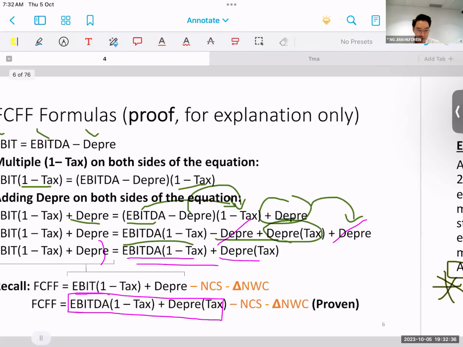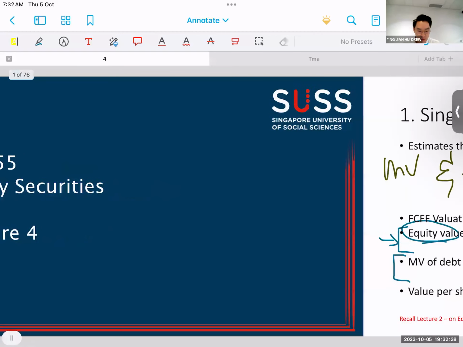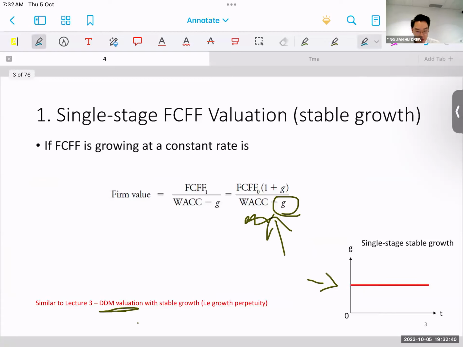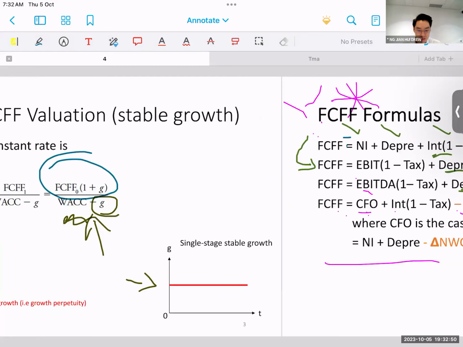So I'm just going to flip back to the formula. Here, can you see here? See, there's 1 plus G here. How come we didn't multiply by 1 plus G for this question?